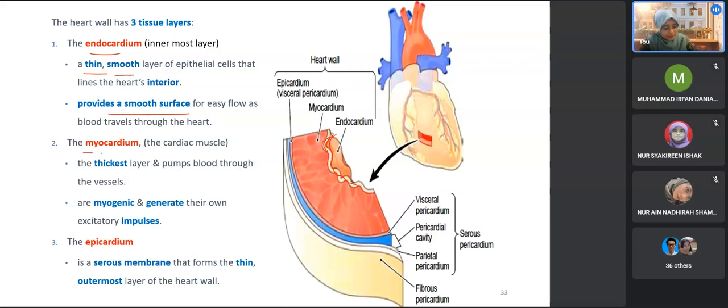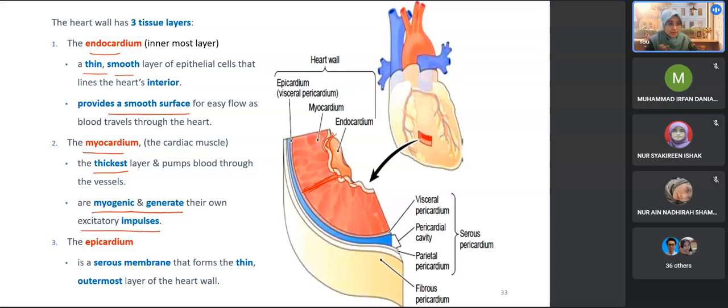The thickest layer is the myocardium, the cardiac muscle. It pumps blood through the vessels. The cells are myogenic and generate their own excitatory impulse. The heart muscle is capable of generating its own impulse so that the cardiac muscle is able to contract and relax.